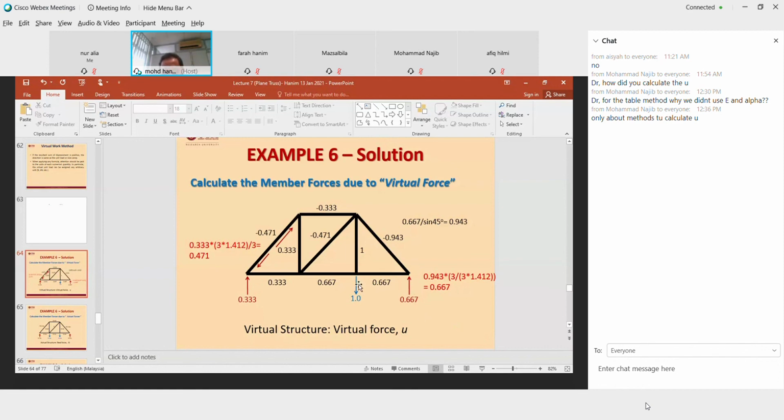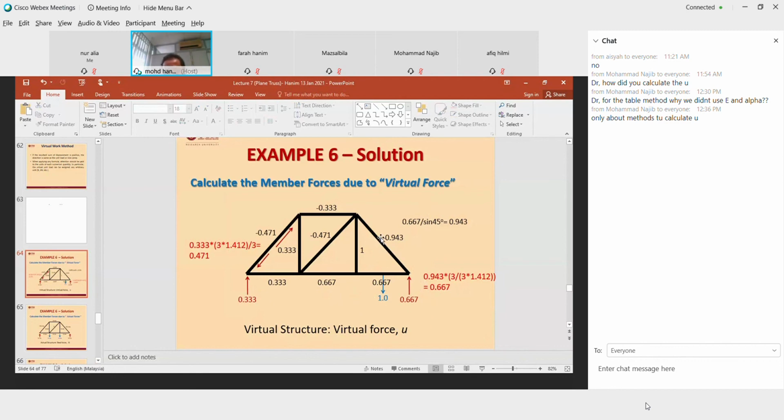If this one is at the center, what is the reaction? 0.5, 0.5. If this one is here, what is the reaction? The reaction is equal to 1, 2, 3, 4, 5, 5 divided by 6 multiplied by 1, 5/6 multiplied by 1, by ratio.